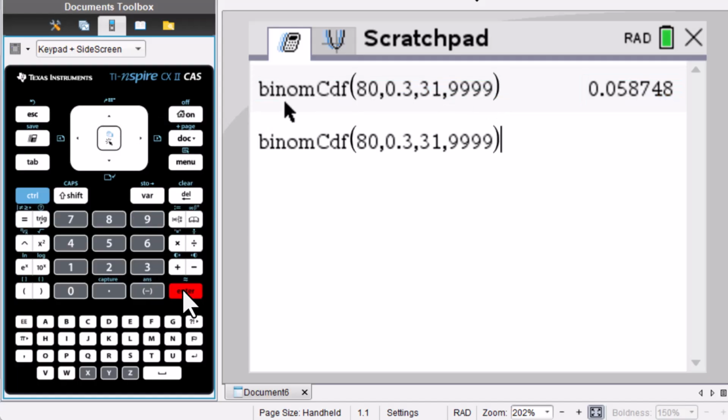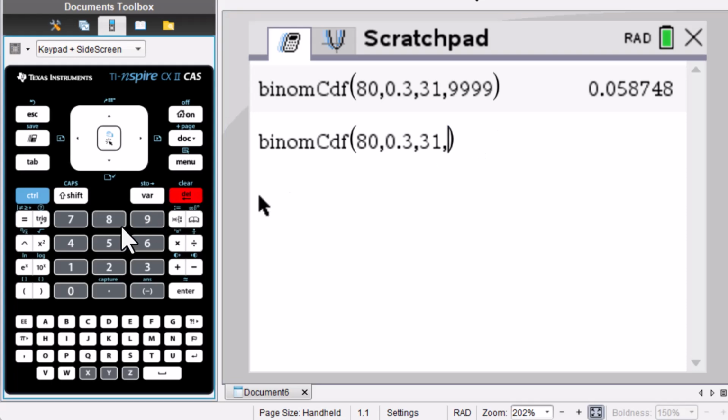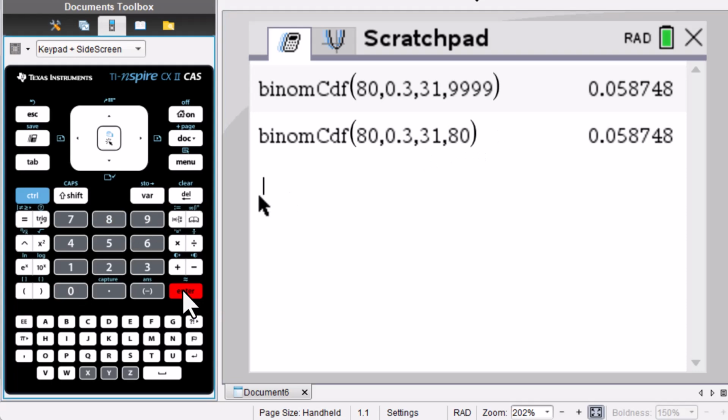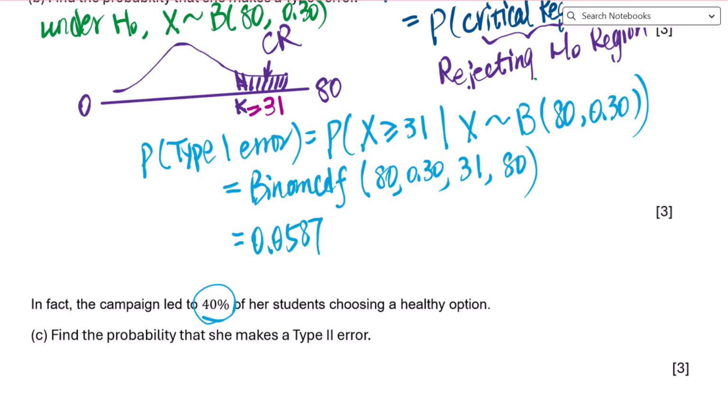If you put 80, you will get the same answer. Answer is 0.0587.